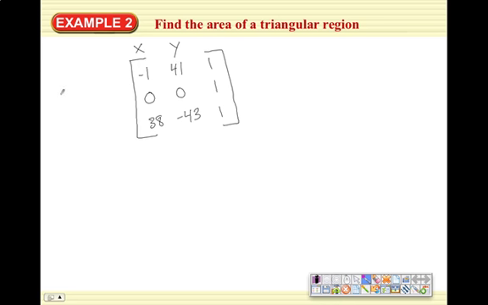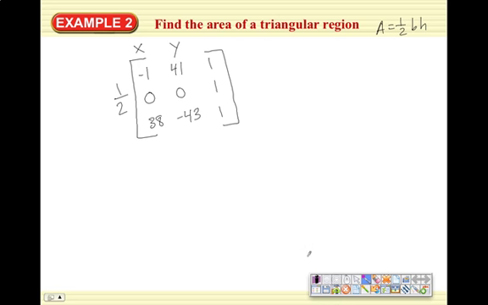When you find area, normally you say area equals 1/2 the base times the height. Well, it's kind of similar to that. Basically, the area, when using determinants, is 1/2 times the determinant of this matrix.